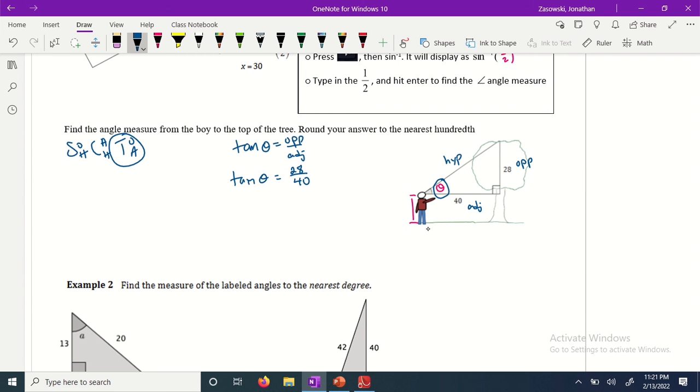And now to undo the tangent, we're going to take the tangent inverse of both sides. This is like plugging tangent into the tangent inverse function. And all it's saying is what angle measure creates a ratio of these two sides. So these will undo each other, leaving us just the theta.